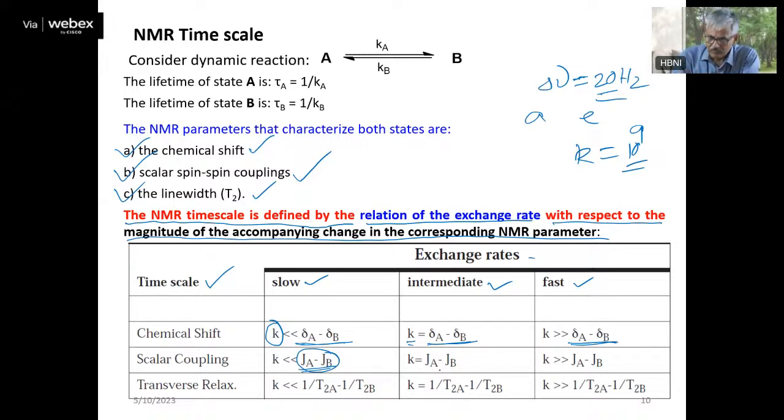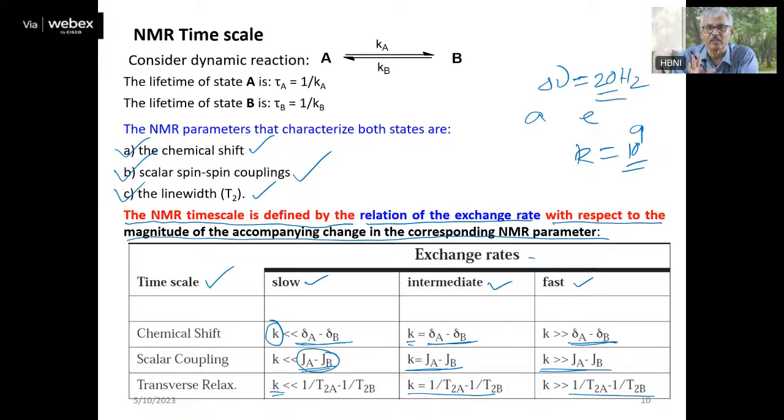If they are very close to that, it is intermediate, and if the rate is much faster, we will call this fast. Similarly for the transverse relaxation, if it is slow, then 1 by T2A minus 1 by T2B will be much greater than the rate constant. If it is intermediate, they will be almost equal, and if it is fast, the rate constant will be much more than 1 by T2A minus 1 by T2B.